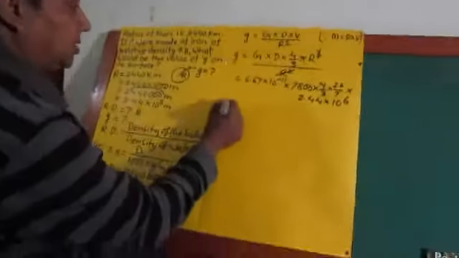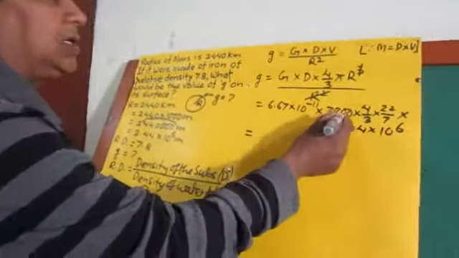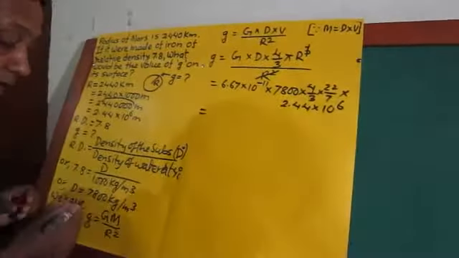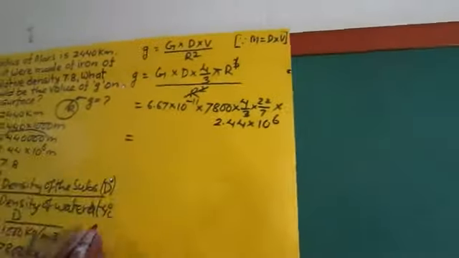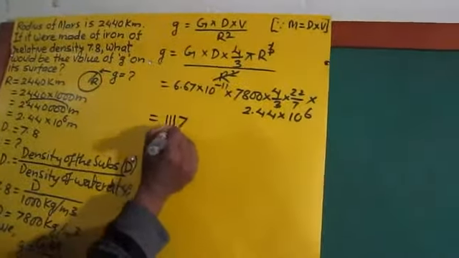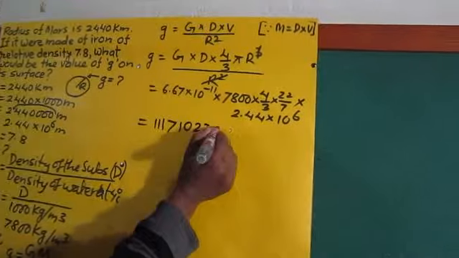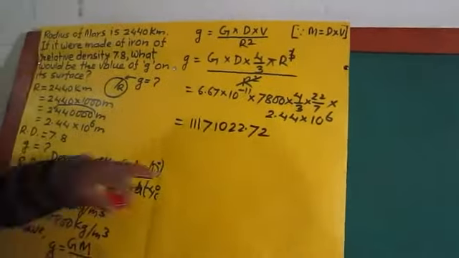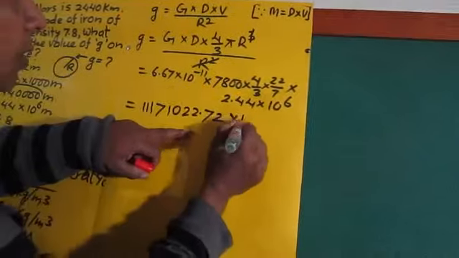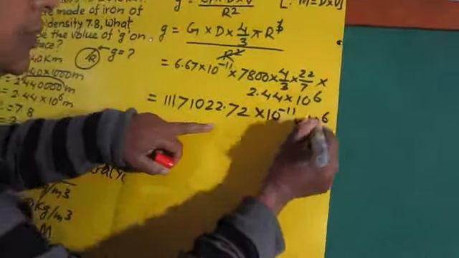Now the next step will be 6.67 multiplied by 7800 multiplied by 4, multiplied by 22, multiplied by 2.44 gives 111,022.72. If we use a calculator, we can get this value, into 10 to the power minus 11 left, into 10 to the power 6 left.